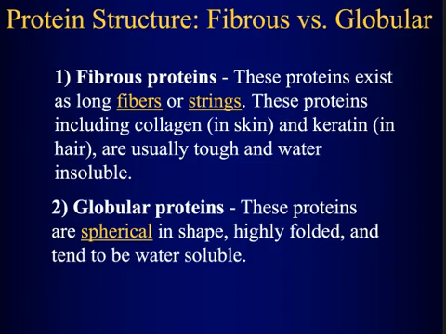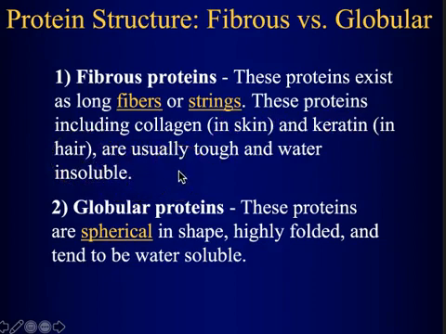Alright, so once we know about our quaternary structures, there's two major types of quaternary structures. These are our fibrous and our globular. The fibrous ones are like our collagen. These are proteins that exist in long fibers or strings, and include collagen in our skin and keratin, which is in our hair as well.